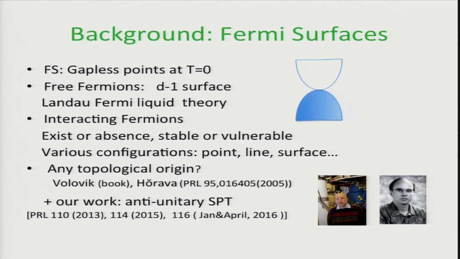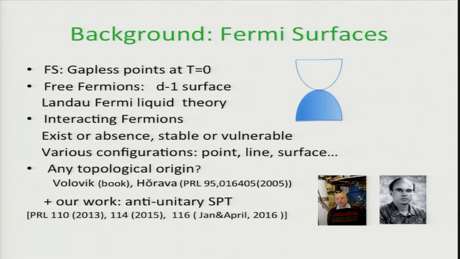Then we have the paradigm of Fermi liquid theory. When there are interacting fermions, the situation is quite complicated. There may exist a Fermi surface, there may not. If there are Fermi surfaces, they are sometimes stable, sometimes unstable. And also there are various configurations.